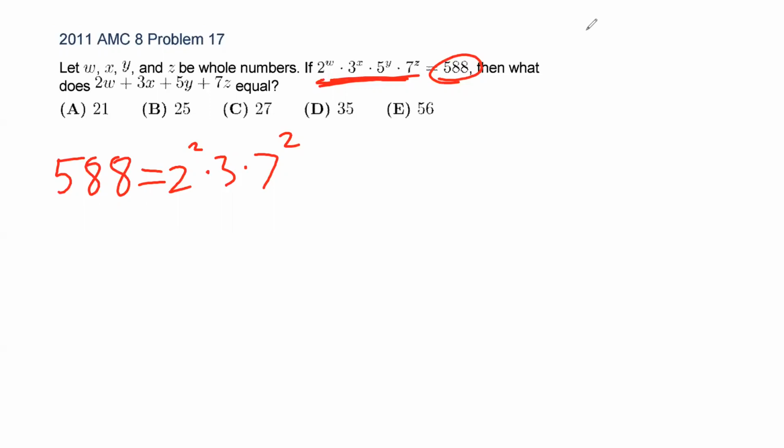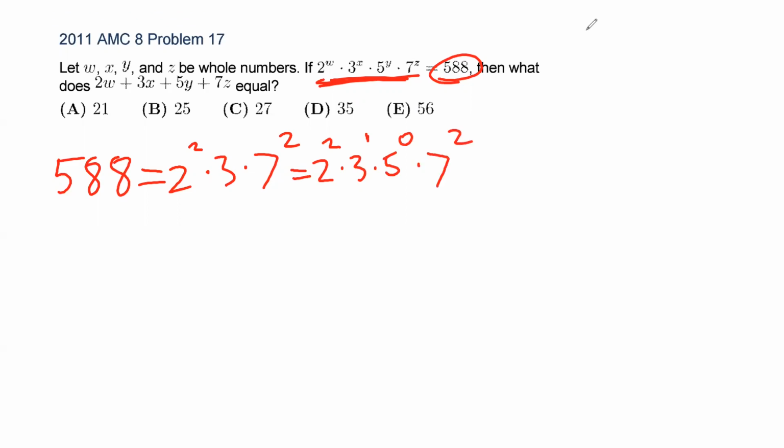Okay, so here we have our prime factorization, and now we just directly compare terms. So notice that here we actually have no 5, which means that it's just 5 to the 0th power. 3 to the first times 5 to the 0 times 7 squared.